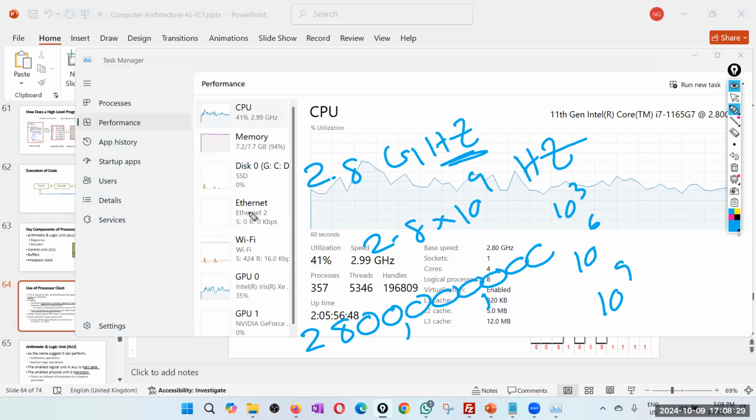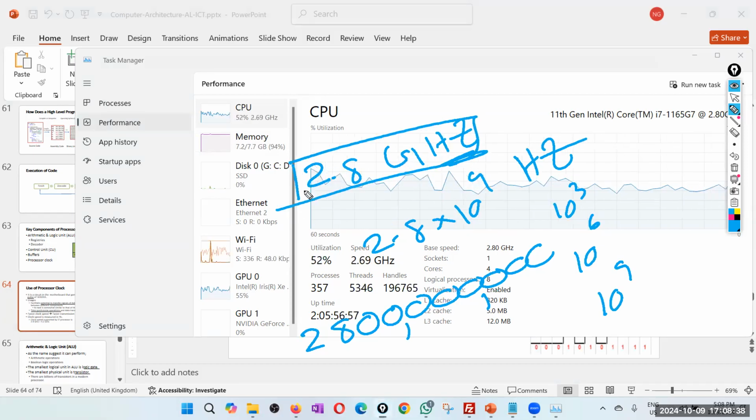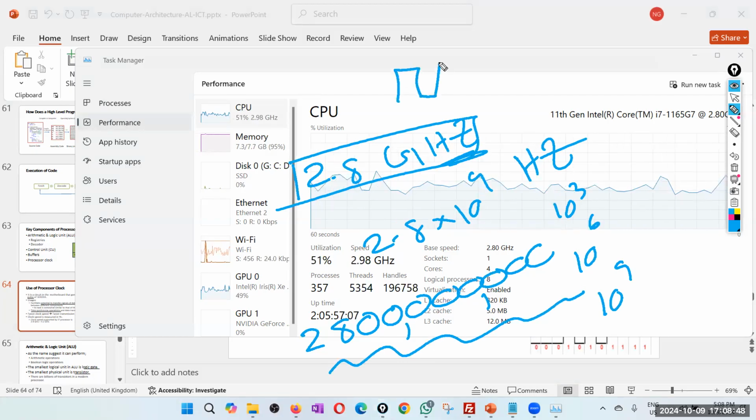Do you believe it? Right? So that means in a particular second, this many pulses are generated. One pulse is something like this. So this is one pulse. So this is another pulse.